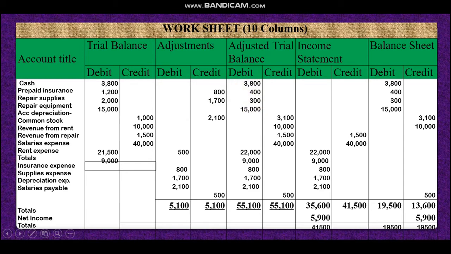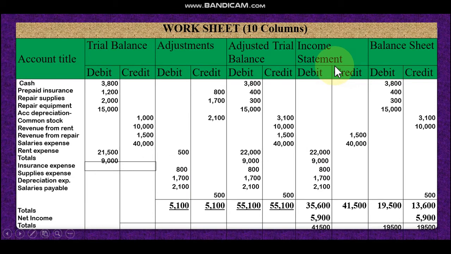We have to add or subtract: if debit and debit together, we add; if debit and credit, we subtract. So 2000, 1700, then 3000, 1500 directly here, then 1000 plus 2100, both are credit, so it is 3100. Then all are credit, and this is debit, so we total them. All other items come directly, because there is no adjustment.